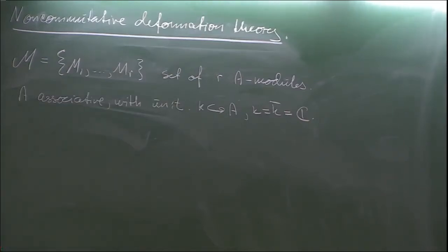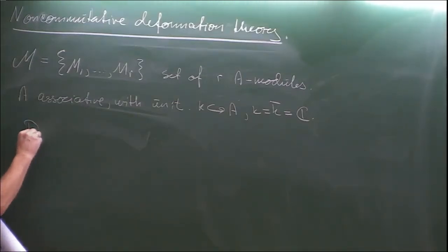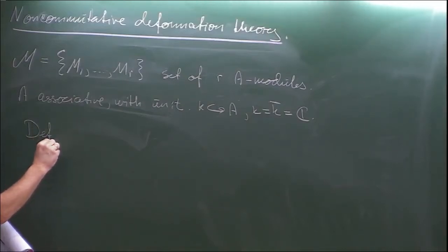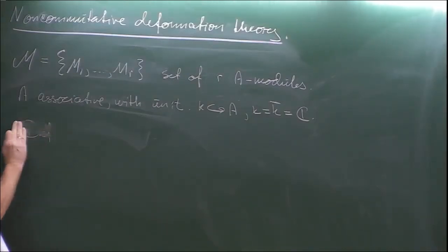Okay, so this is the setup. I don't have one A-module. I have a set of r modules. Here is where relativity comes in. So now I define the deformation functor, Def. Okay, one more shorthand.